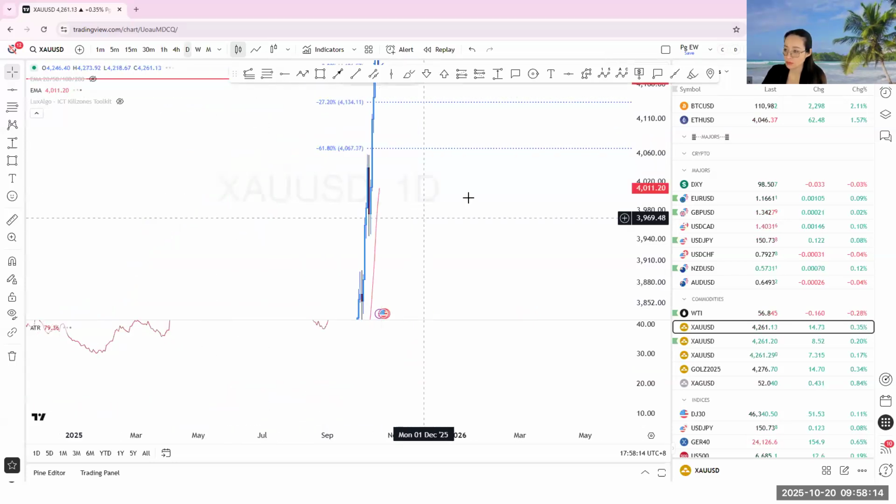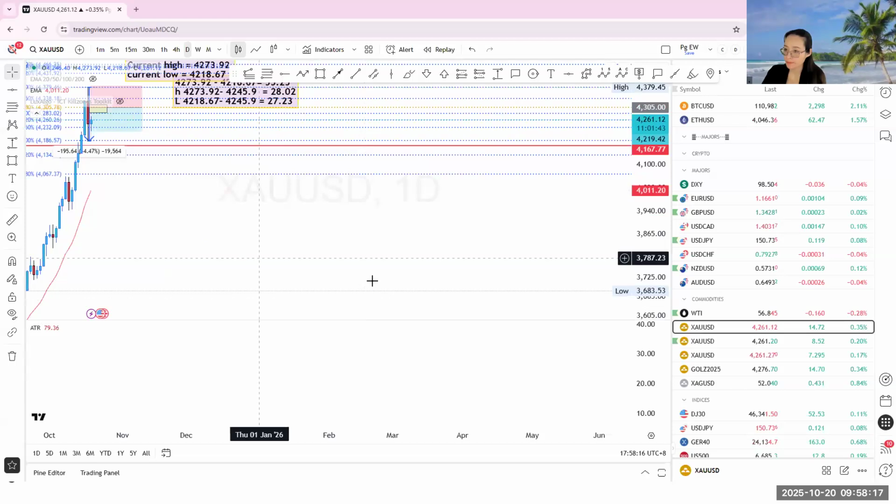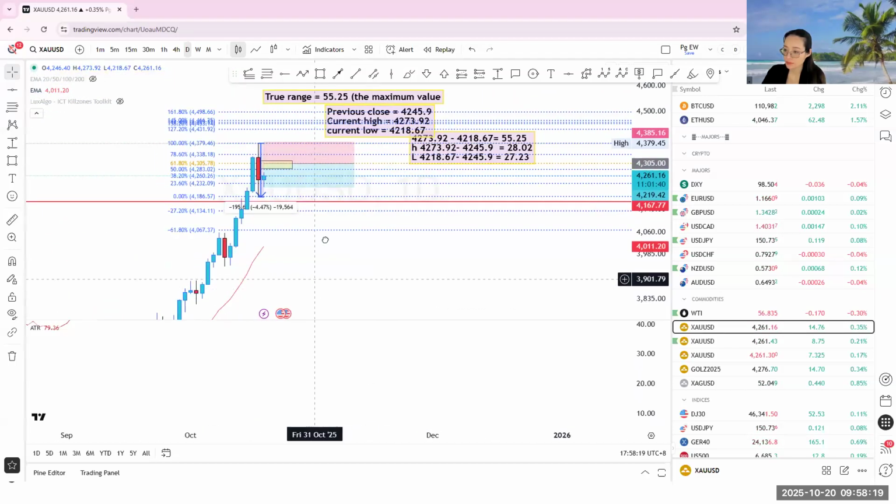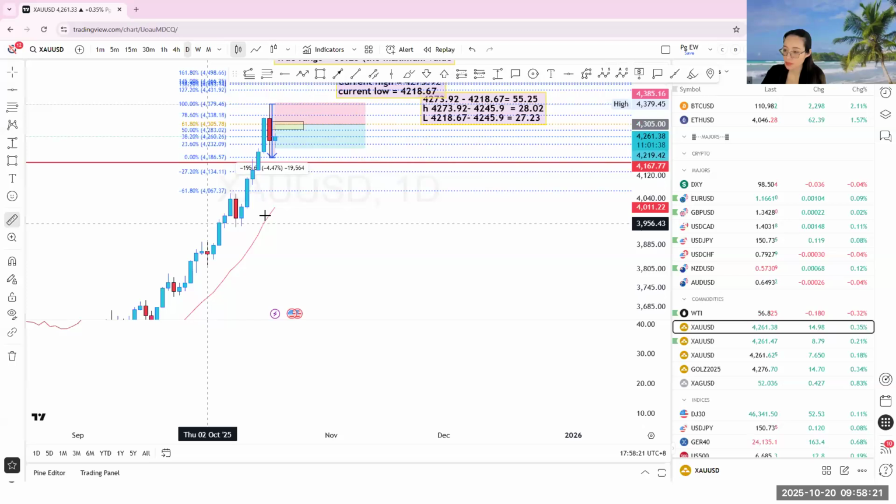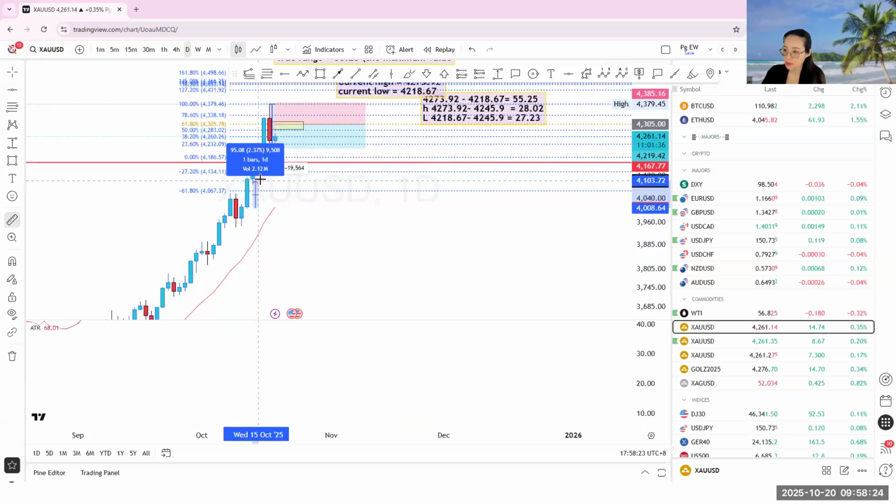Within a D1 time frame, I will just measure from here to here.